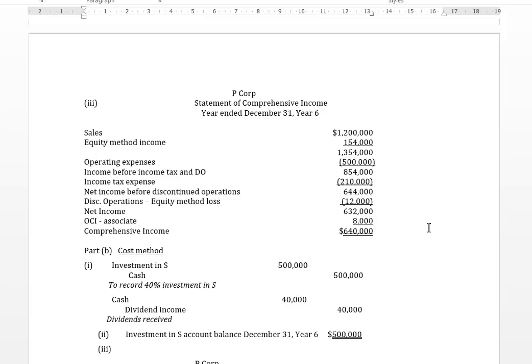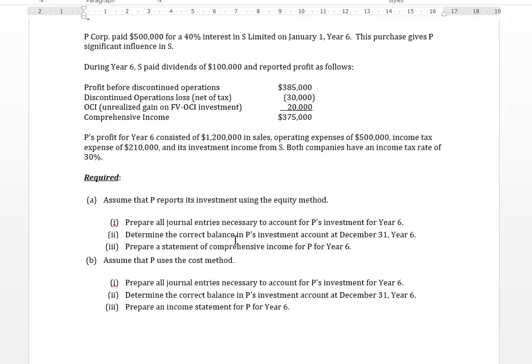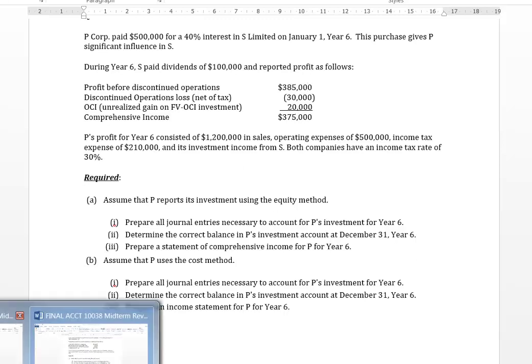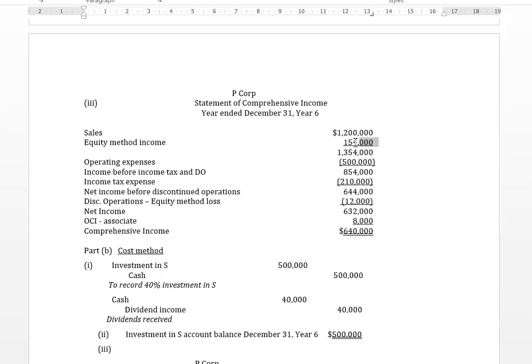So hopefully you remember that or recall that as we're here in our more advanced course. So that's why we only took any profit before taxes and before DO and before OCI. And again, you'll remember from our question, that was 385. So 385 times 40%, that's going to give us our 154.